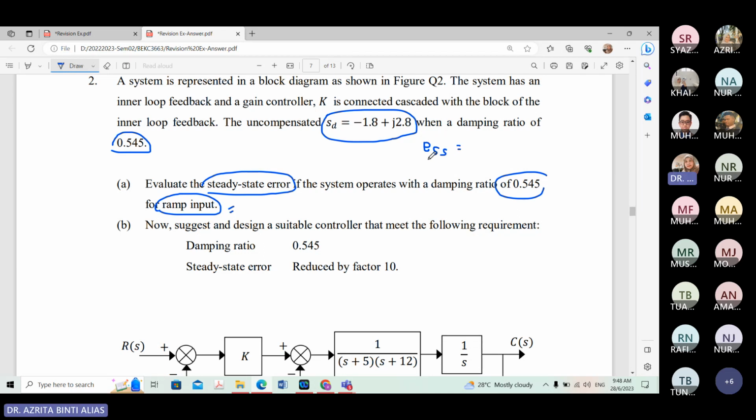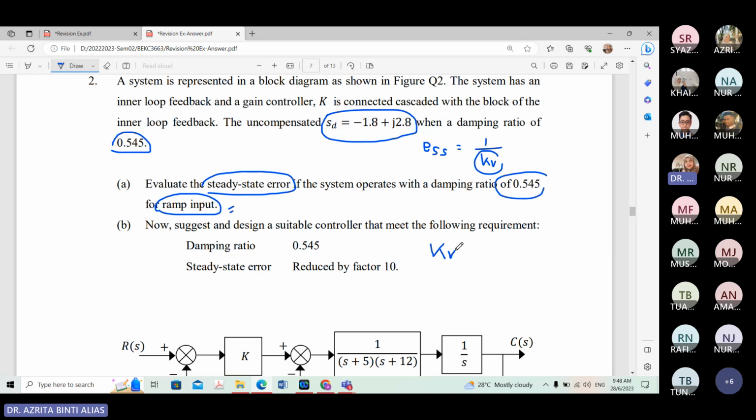Previously, we used the formula ess equal to 1 over 1 plus Kp, which is for the step input. But for this question, the input given here is the ramp input. So we need to use the formula for the ramp input, 1 over Kv, and then we need to find the value of Kv.